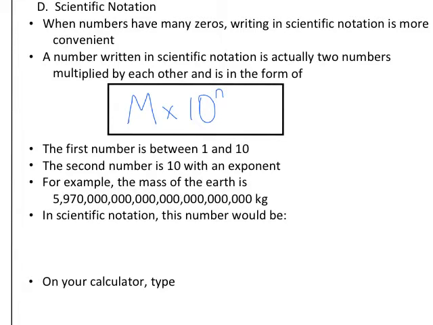So for example, if we took the mass of the Earth, we would say that it is 5.97, because that first number needs to be between 1 and 10, and then times 10, and our exponent is going to be determined by the number of zeros that we have. In this case, to move our decimal over to be between the 5 and the 9, that's going to be 24 places to the left, so that would be a positive 24 for the exponent.